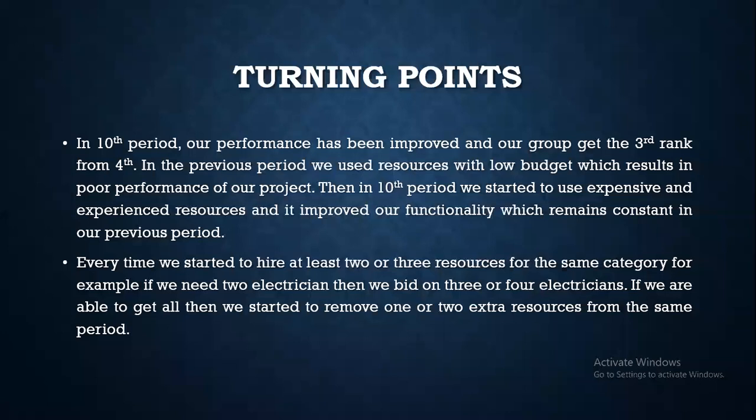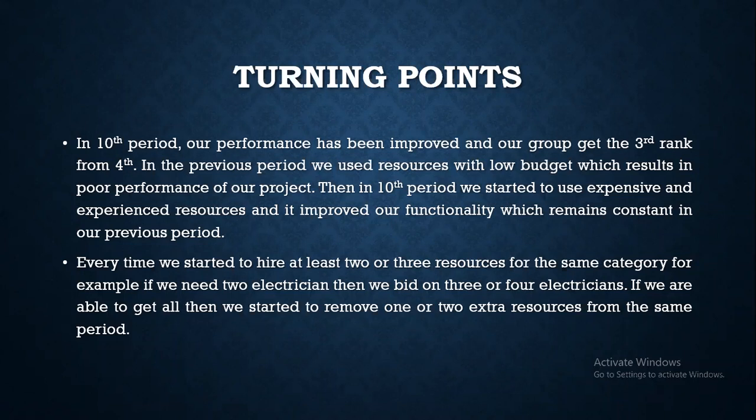Hi, my name is Kavita. I am discussing the turning point in our project. In the 10th period, our performance improved and our group got the third rank from the fourth. In the previous periods, we used resources with a low budget, which resulted in poor performance of our project. Then in the 10th period, we started to use expensive and experienced resources and it improved our functionality, which had remained constant in the previous periods.